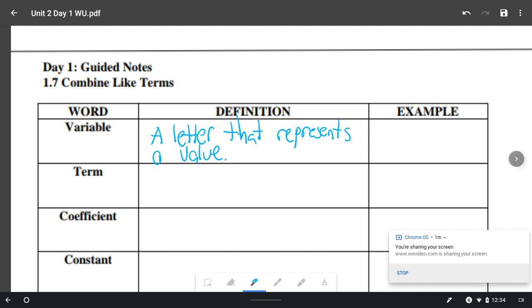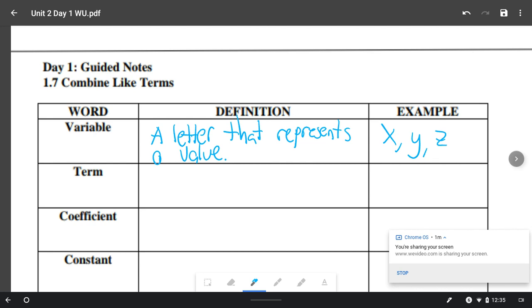You guys have seen this before in pre-algebra for sure. We have letters like X, which is the most used one, Y or Z. Those are the three big ones that we usually see, but you can use any letter, anything from A to Z.